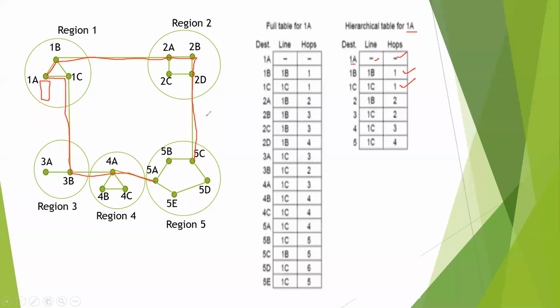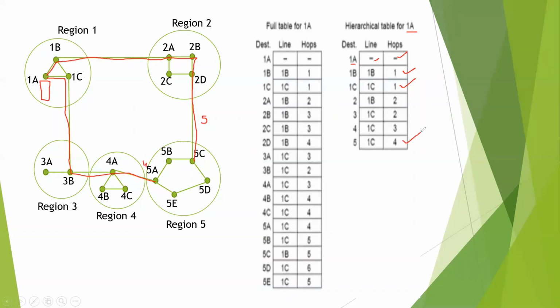Similarly, to reach region 5 through 1C, it has taken 1, 2, 3, 4 hops. So it has taken 4 hops. That's why for 5, it is showing 1C.